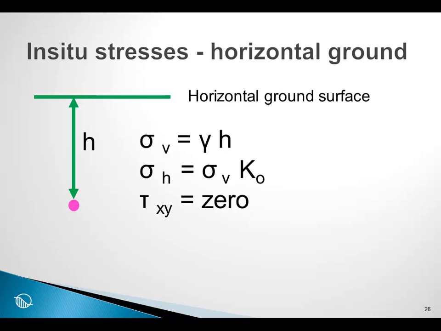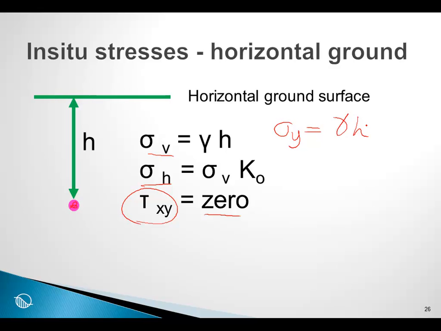Now, very simply, it is easy to establish the state of stress in the ground when we have a horizontal ground surface. The reason this is relatively simple is because the shear stress in the XY plane is 0. As a consequence, we can establish the vertical and the horizontal stresses at a particular point, and sigma y, or vertical, is simply equal to the unit weight of the soil times some distance h.